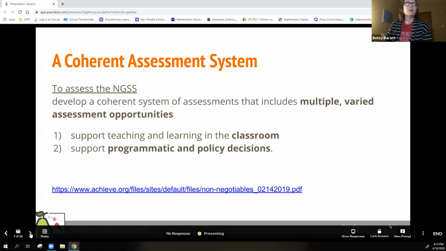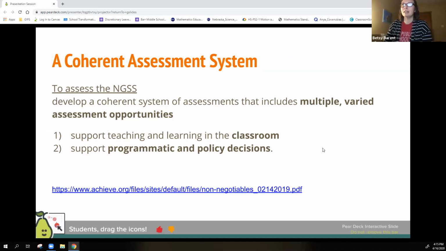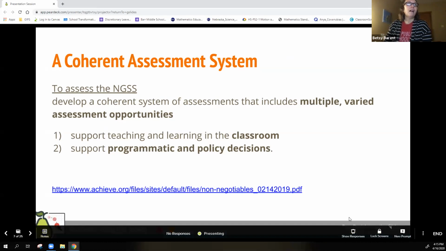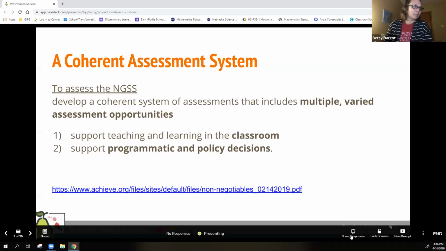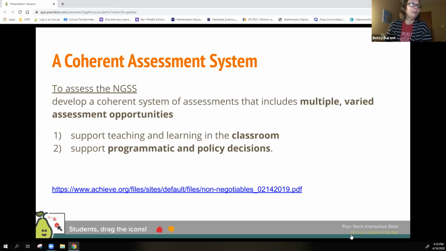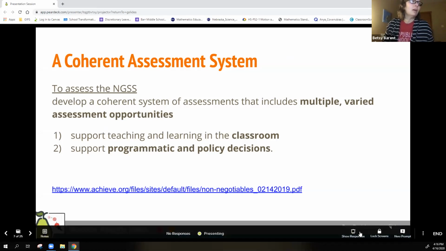All right, so we're going to take a look at what the experts say a coherent system of assessment is. And this comes from Achieve, and their basic definition to assess NGSS is you have to develop a coherent system of assessments that includes multiple varied assessment opportunities, and the pieces of that include supporting teaching and learning in the classroom, as well as supporting pragmatic and policy decisions.